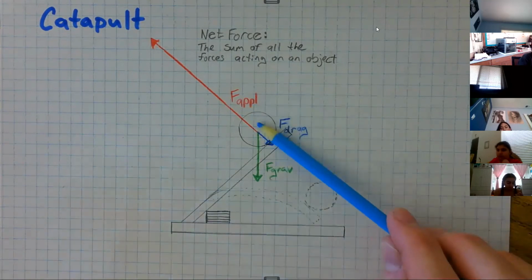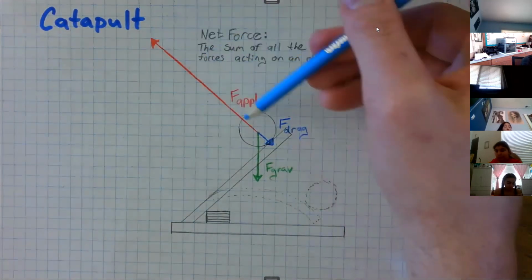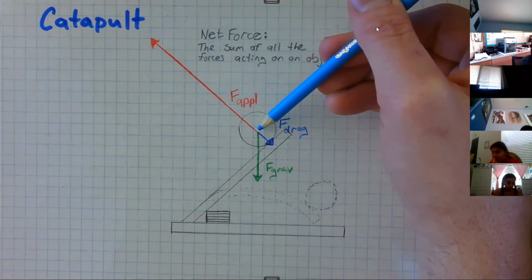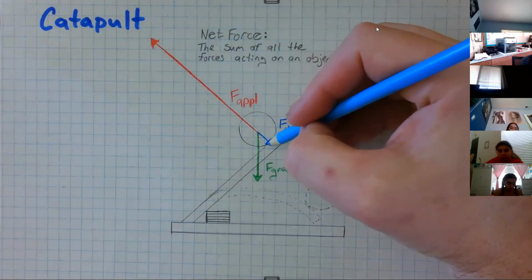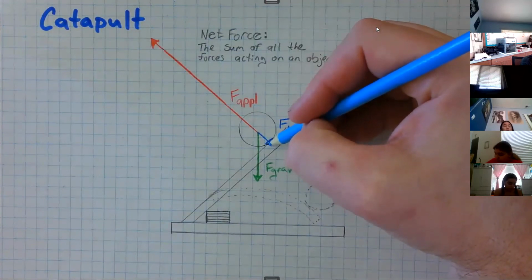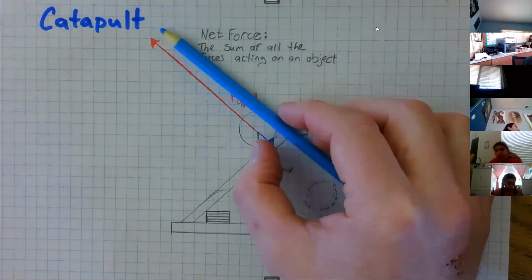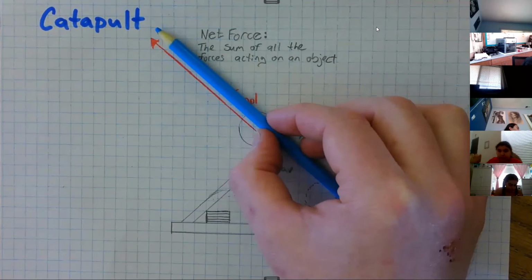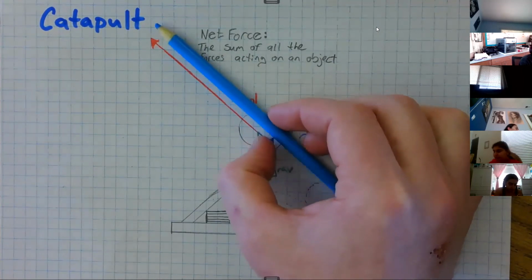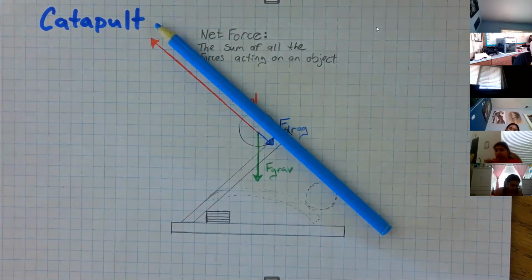The applied force. We know that because we draw these arrows with a specific length so that the longest arrow is the strongest force. And if it's a smaller force, we draw it with a shorter arrow. So if F applied, the applied force from the catapult, is the strongest one, let's start there and say, all right, we'll start with a force that's that long pointing in that direction.